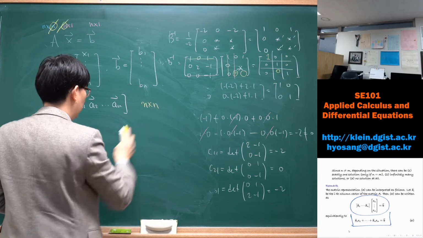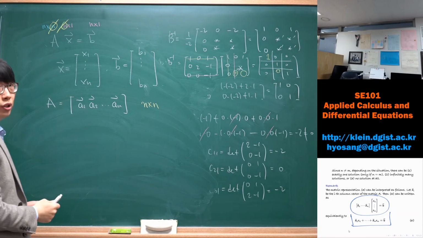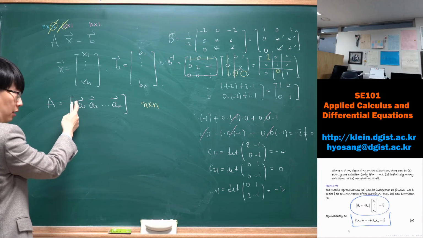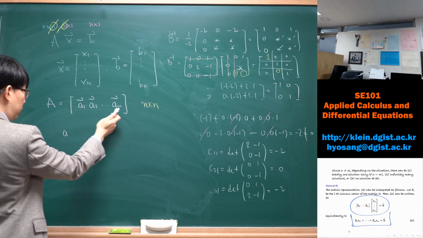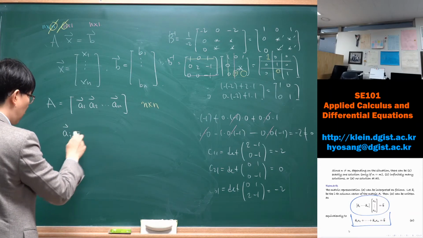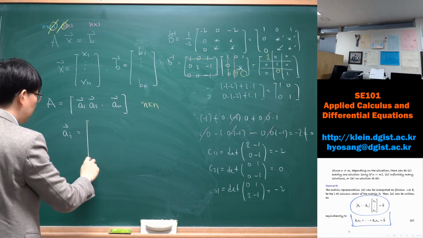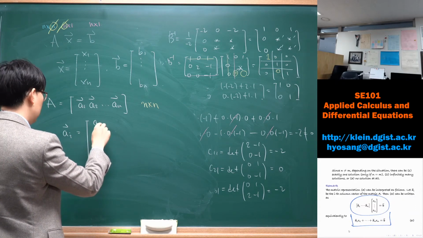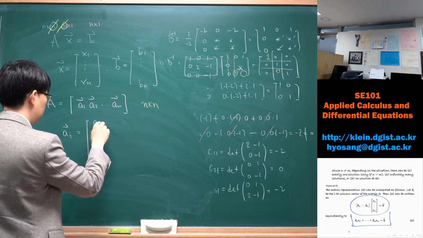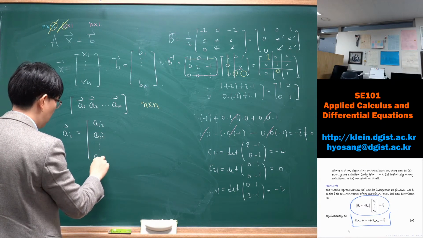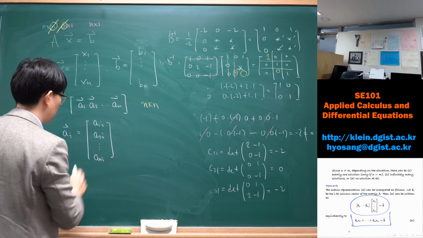It seems like a 1 by n matrix, but I'm taking the A1 vector until the AN vector, where the Ai vector for i from 1 to n is a column matrix, which is A1i, A2i, until ANi. Okay.